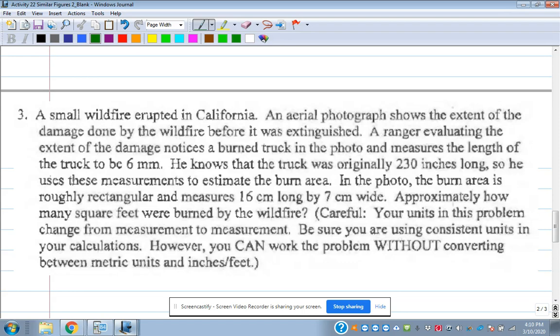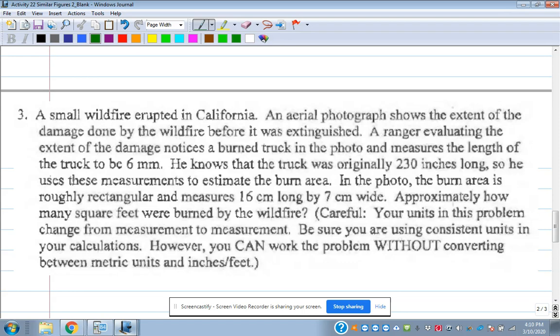I could get close, but it probably wouldn't be perfect. Like an inch is 2.52 centimeters, something like that. But you don't have to do that for this problem. So we're going to try to set up here and figure out what's going on. So we know the measure of the truck is 6 millimeters in the picture.